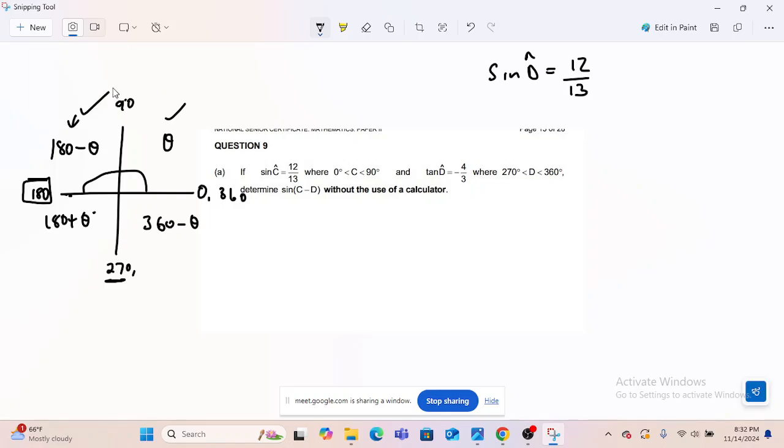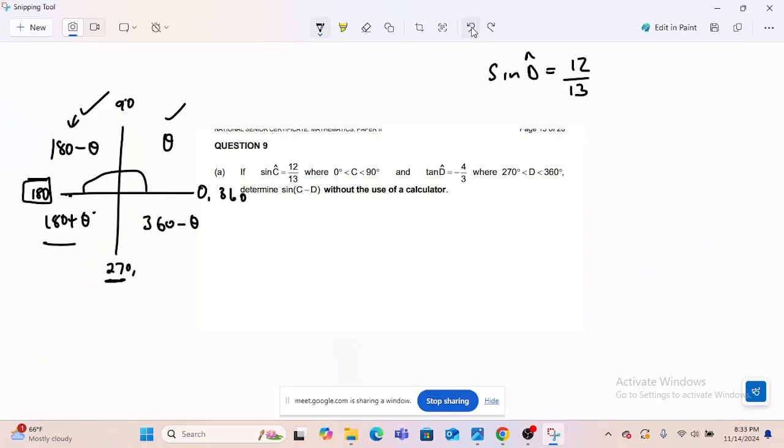So the general solution that you're going to talk about covers the first quadrant and the second quadrant. But if the ratio was negative, it would be a different story, because we would consider this quadrant and that quadrant over there, where sine is negative. Does that make sense?